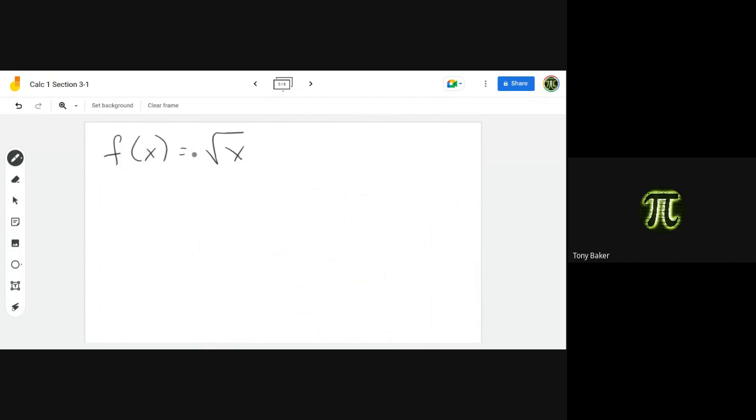What about this one? Do I have an exponent for this problem? What is the exponent? We have to remember that the square root becomes that.